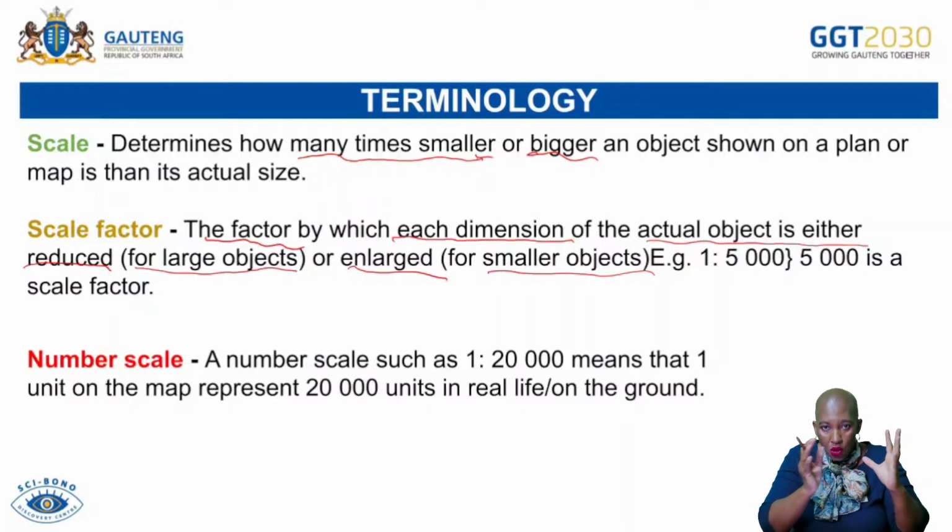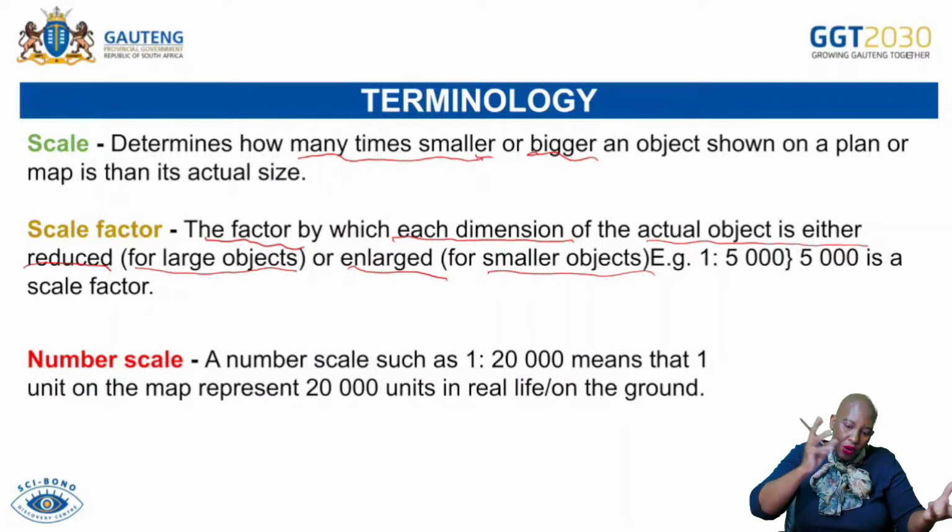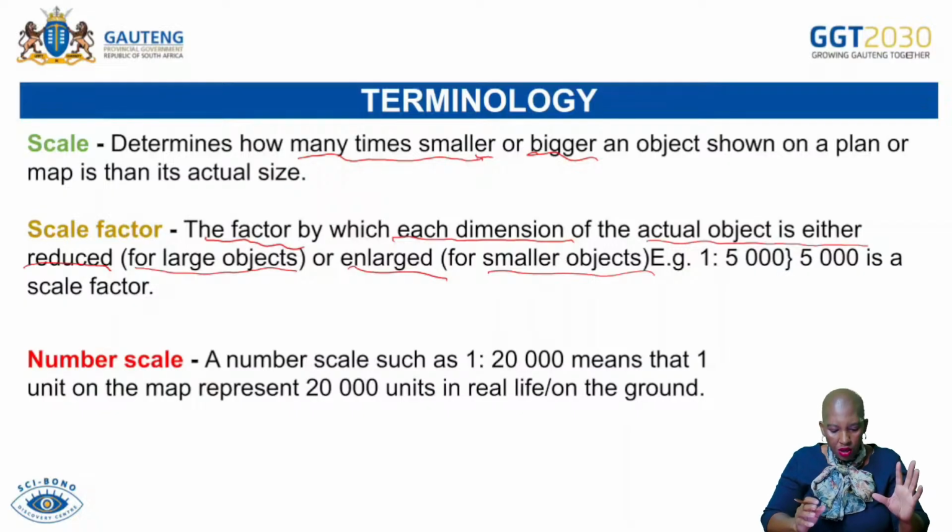For larger objects, we need to reduce them to smaller sizes, to a smaller print. Or if it is too small, we have to enlarge it. So the scale factor says we enlarge the smaller object and reduce the big object.